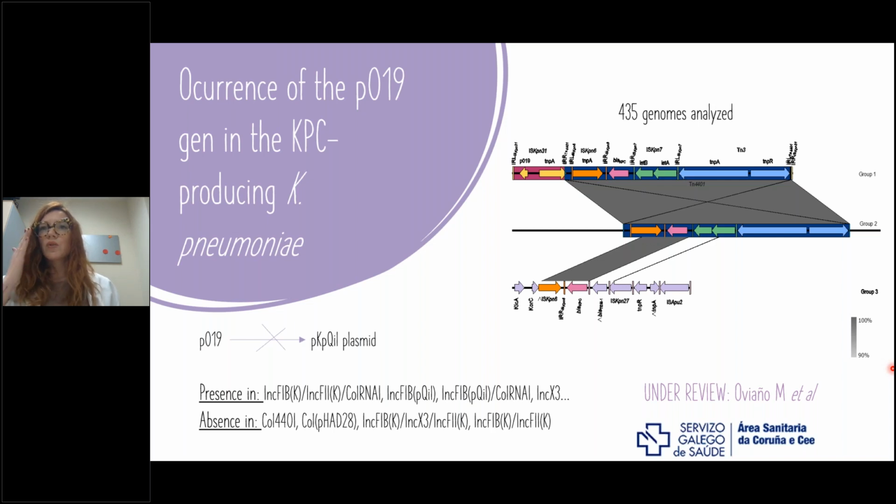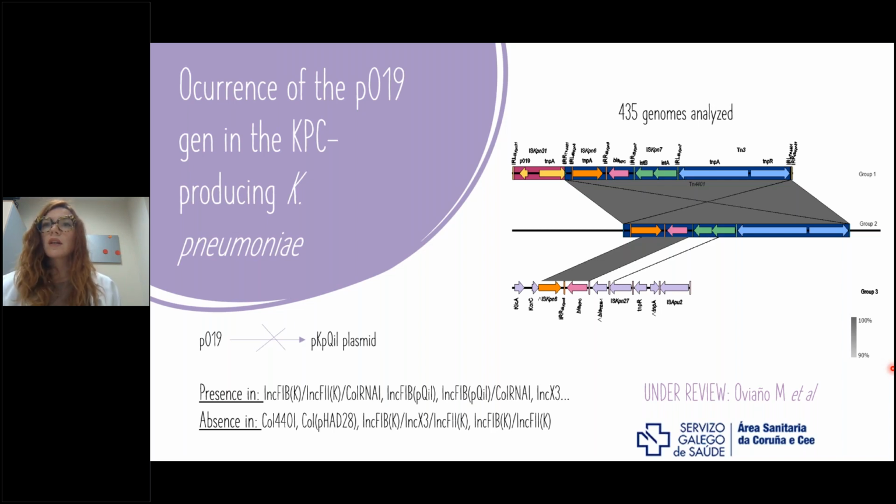What we tried to study in our group, because we have a national survey collection of isolates fully sequenced with whole genome sequencing, and we also studied these isolates by MALDI, is that we realized there were a lot of KPC isolates that lacked this mass peak.